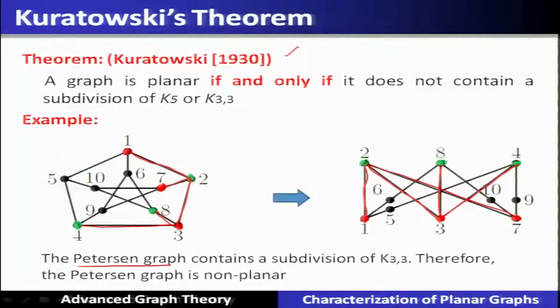Now, as far as 1 and 4 are concerned, they do not have an edge, but we will take the subdivision of 1, 4 with 5 included as a subdivision. So we place an edge between 1 and 4 with 5 as its subdivision. Similarly, 1 and 8 will have an edge with a subdivision at 6.